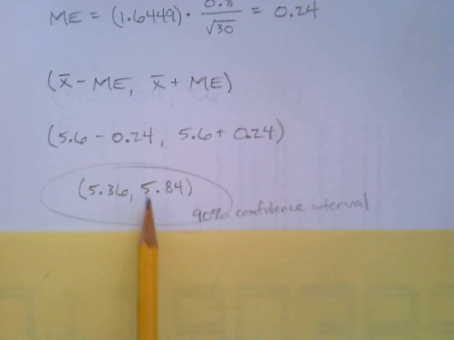So we found these two values, and now we can say we're 90% sure the real population average is somewhere in there. We have no idea what it is, and of course we're leaving 10% chance that it could be higher than this or lower than that. Okay.